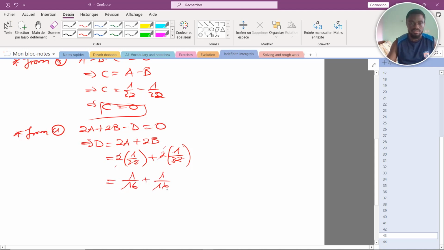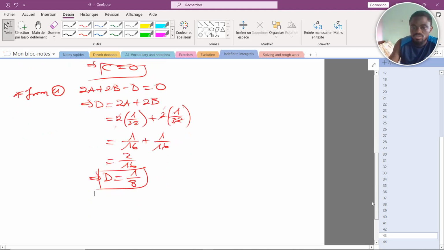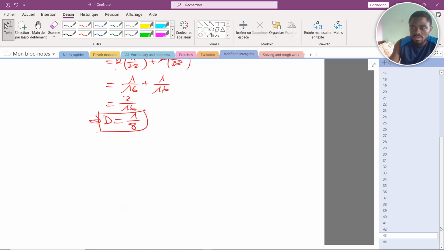So this implies this will be 2 on 16. So this implies our d is simply equal to 1 on 8. So we have already our a, b, c, and d. Now we shall substitute it in the integral we are supposed to do.